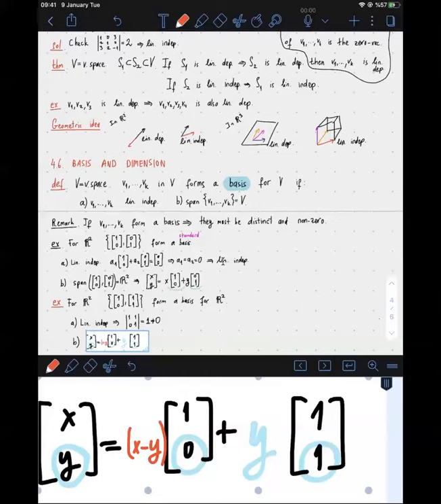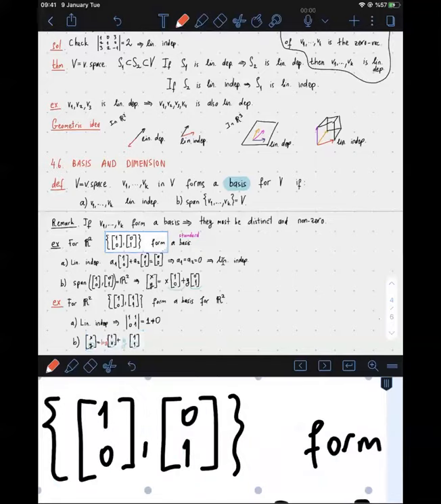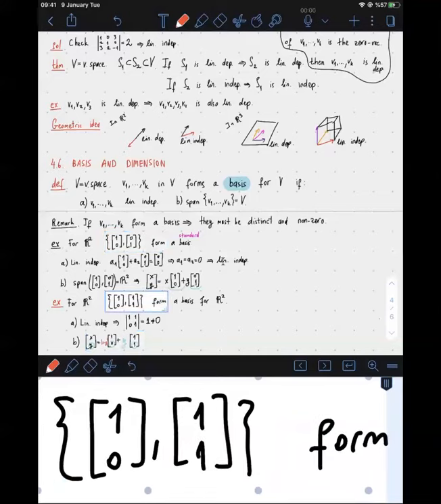This example shows that for R2, we can choose different bases. There is not just one basis for R2. We can choose different sets of bases. The standard one is the most useful one, but sometimes for some applications, other basis vectors will be more useful, depending on your application.